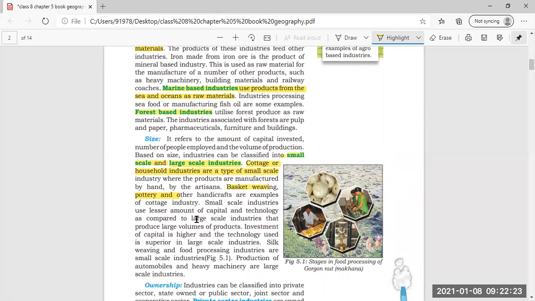Then small scale industries use a lesser amount of capital and technology as compared to the large scale industries, and the product made in the large scale is in big volume, means large quantity of products are made, whereas in small scale industries less production is made.